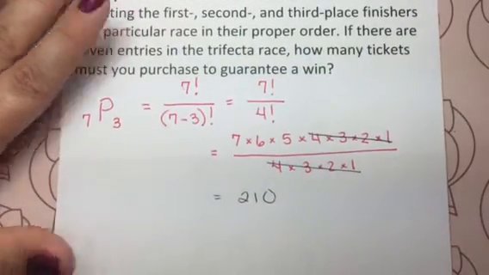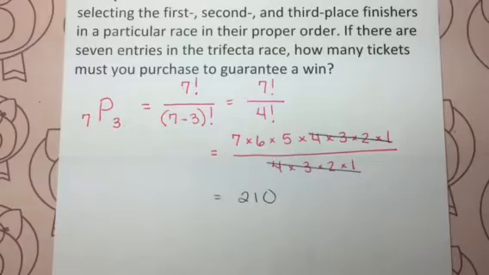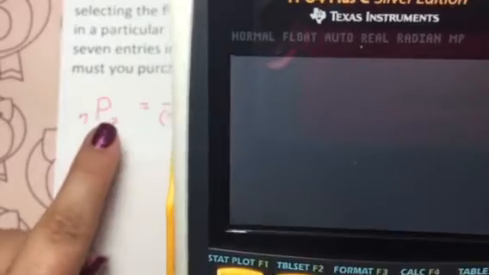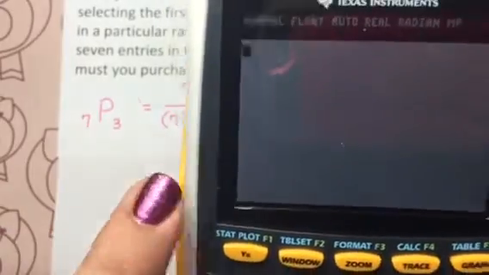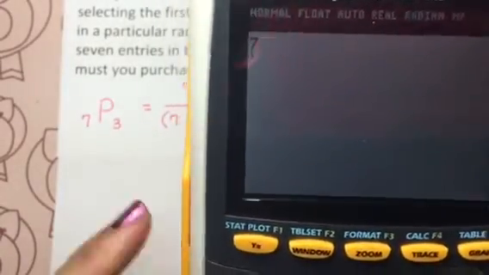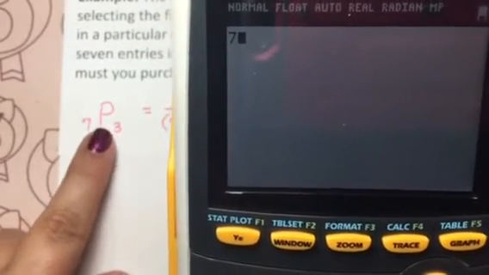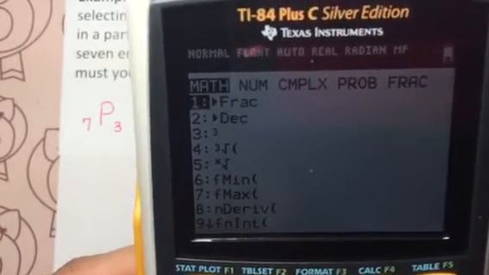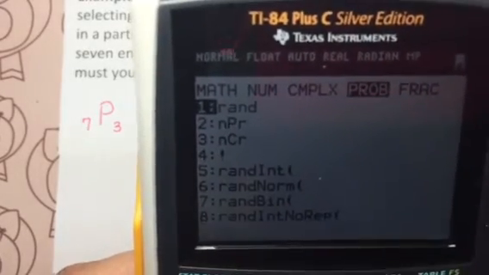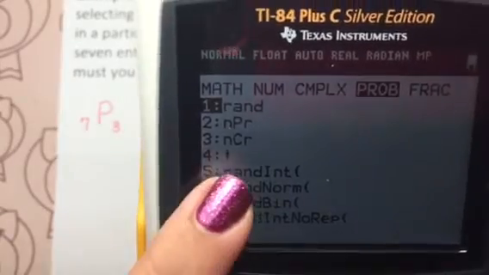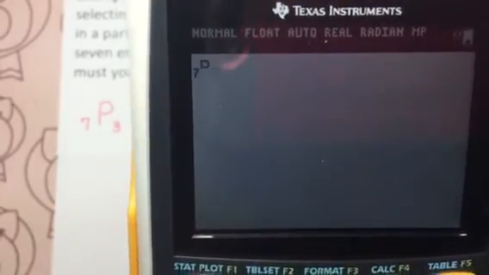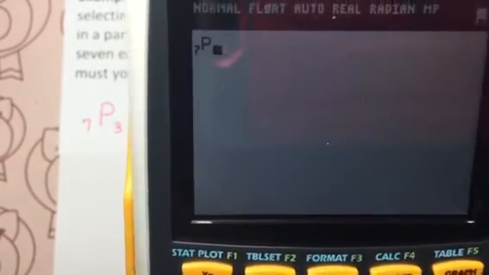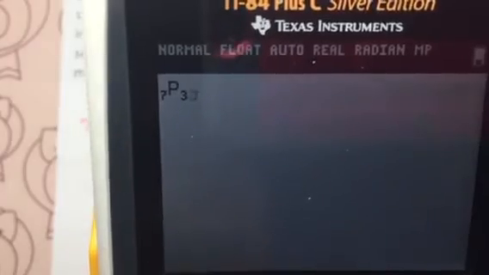Now, come on, we are not doing this by hand, right? That's why we have one of these. If I want to calculate 7P3, the first thing I'm going to enter is the 7. The 7 comes first. Now I need the P. To get the P, go to Math, Probability, and look at what number 2 says. Number 2. So now we have the 7P, and now enter 3, and hit enter.